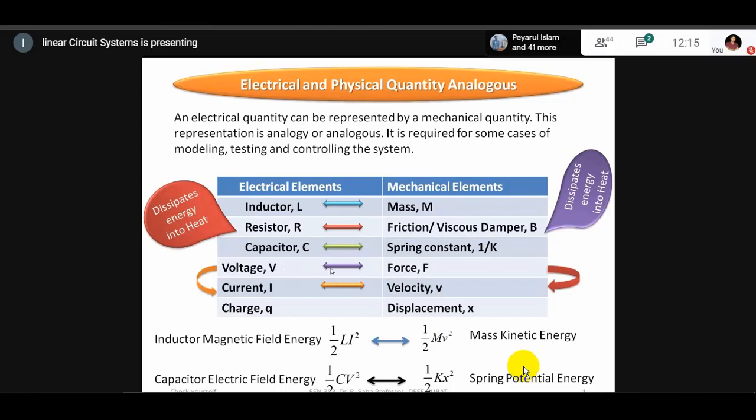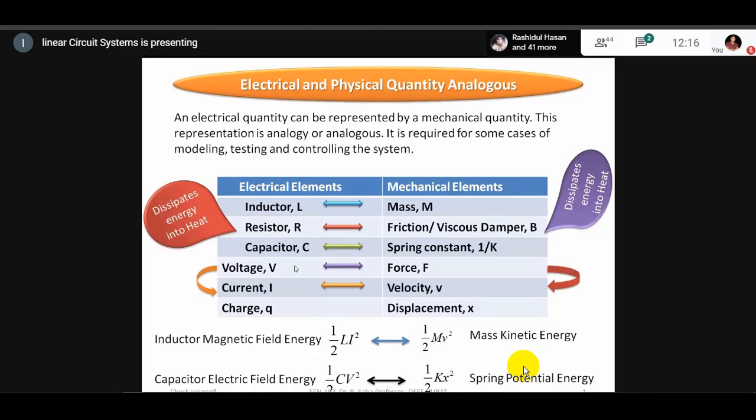It is possible by following this voltage force analogy system. Another analogy is also available, called the current force analogy. But voltage force is easy to understand. I will explain why it is easy, and then you will feel that yes, this is easier than the current force analogy. The voltage force analogy is similar to what you have studied in physics.